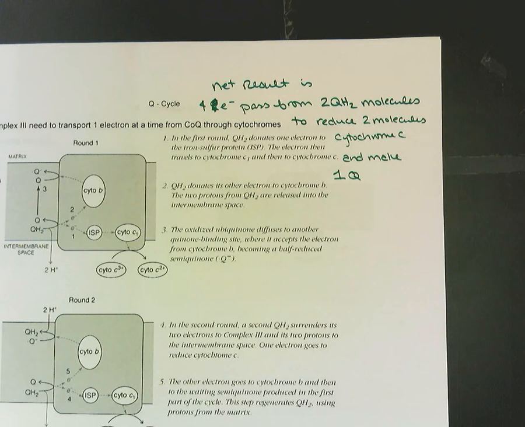In the end, we reduce 2 cytochrome Cs. We make 1 Q molecule. And we're going to pump 4 protons.